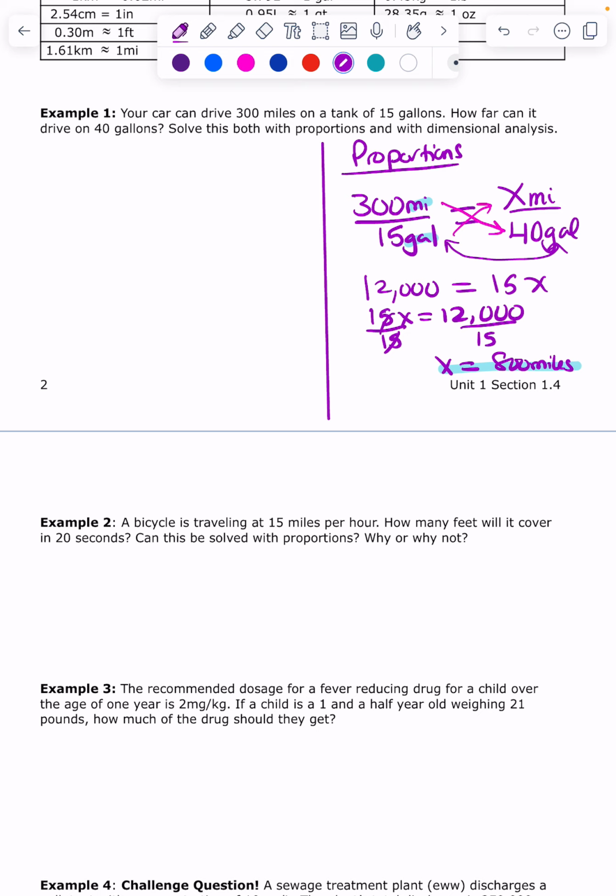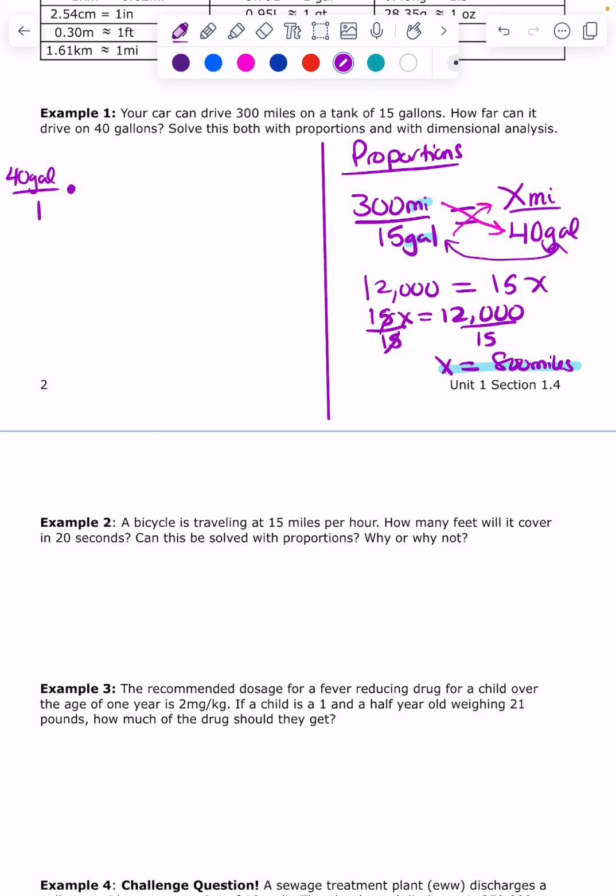So with dimensional analysis, you want to start with one of the values that are given. So I'm going to start with 40 gallons. And I'm just going to put that over 1 to make it a fraction, because with dimensional analysis, we just write everything as a fraction, or it's really a 1-to-1 ratio with conversions.